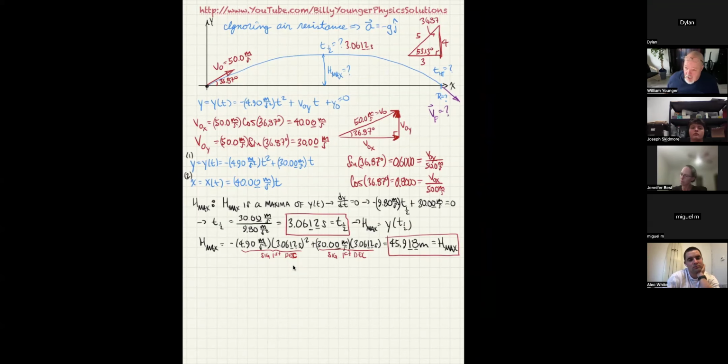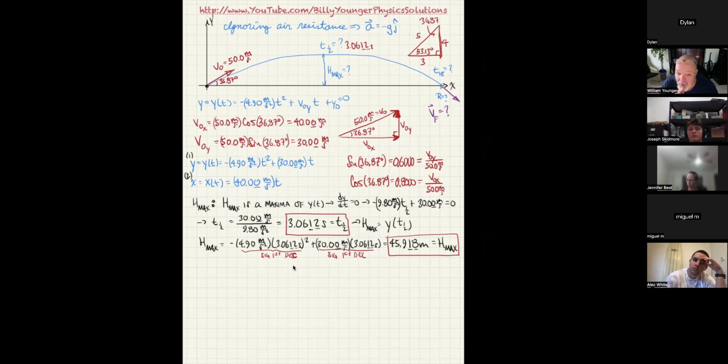In actuality, it's just the y component that's going to be decreasing, because, as we said, x is going to be 40.0 meters per second times t. So that's never changing. But if we think about it that way, then we realize, oh wait a second, at H max, the vertical component of velocity will be 0. So what we could do is find the vertical component of velocity and set that equal to 0.